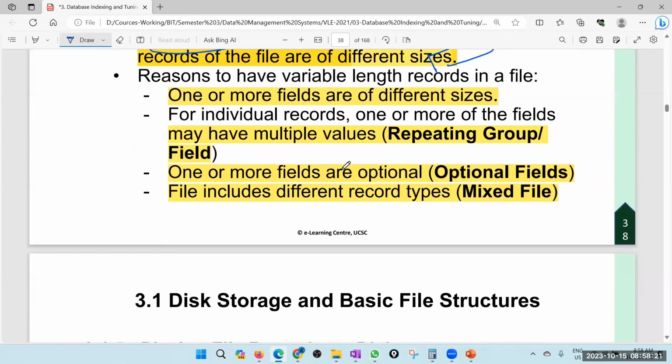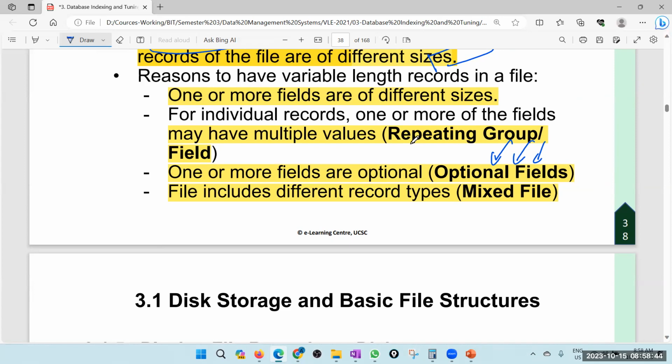And also when we have optional fields, more optional fields, right? So maybe variable length is a little bit better option because we will be wasting a lot of storage otherwise. So likewise, we have to take those decisions. But if you have only a few optional fields, then fixed width is better.